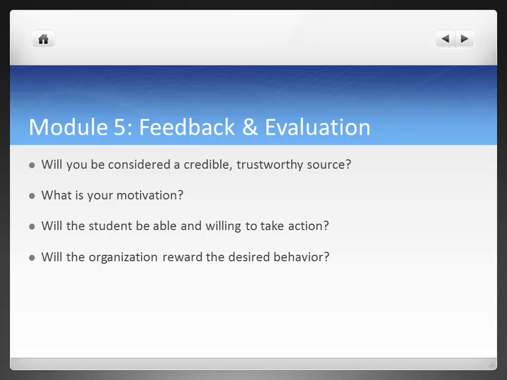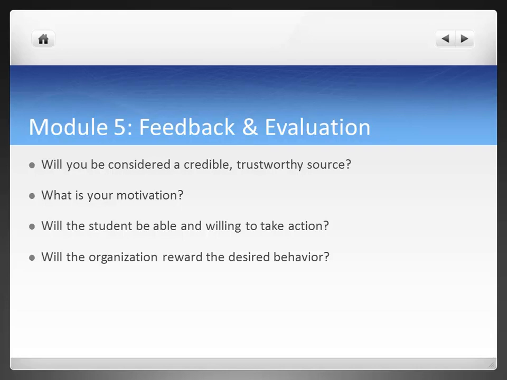Is your motivation that there are a number of things going on in your agency right now that are somewhat stressful, and perhaps providing feedback to your student is a way that you can let off some of that stress? So always considering your motivation is important.